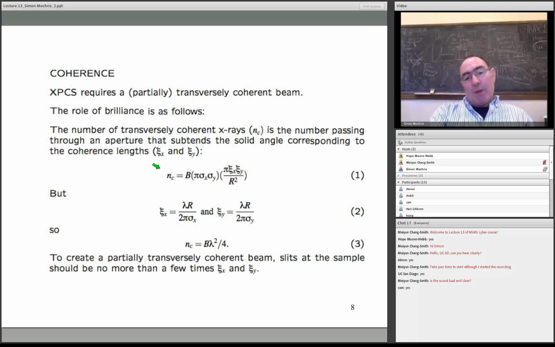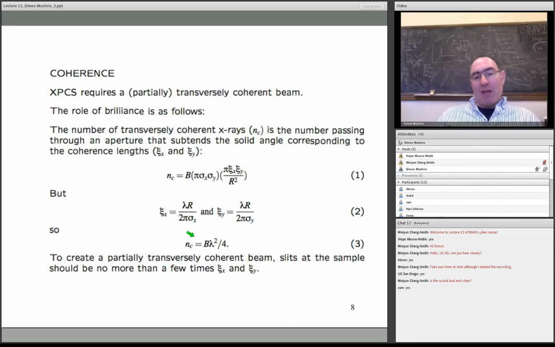And so the number of useful photons, which is what this number n sub c is really directly related to, is the brilliance. In XPCS experiments, the only thing we really care about is the brilliance of the synchrotron.